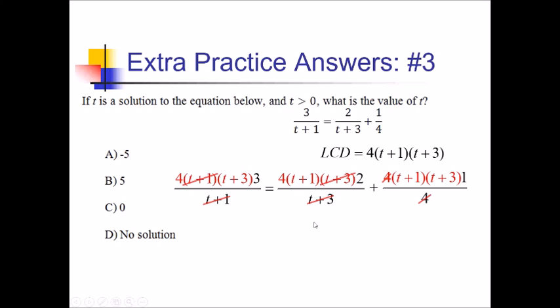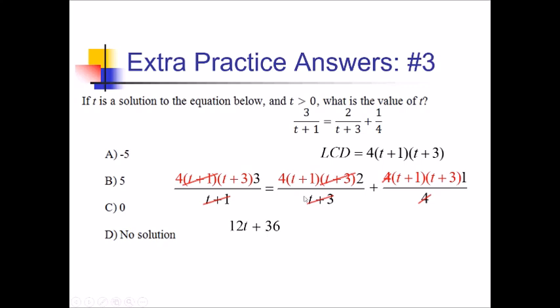I have a whole lot of cleaning up to do, but at least my fractions will no longer be fractions. So for the first fraction, I have a 4, a t plus 3, and a 3. 4 times 3 is 12, so I'm really just distributing 12 to t plus 3. That's going to be 12t plus 3 times 12, 36.